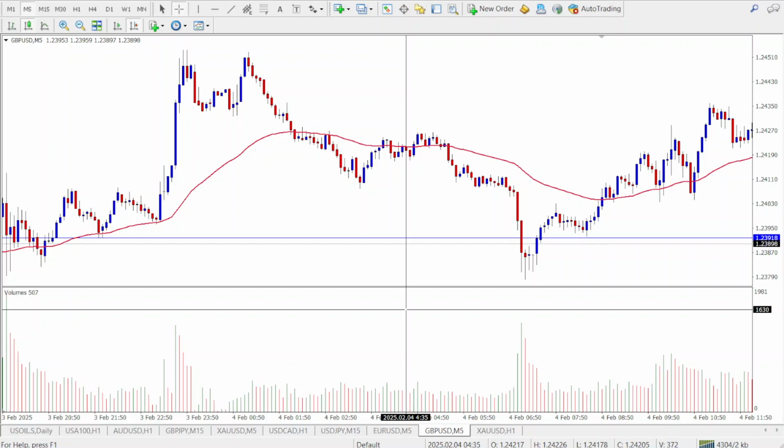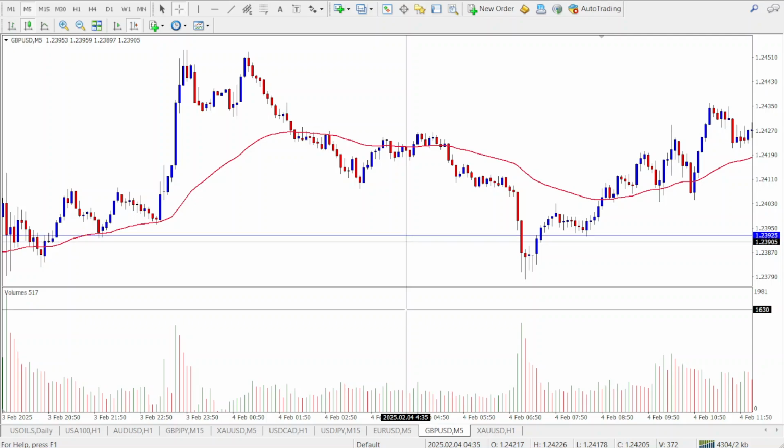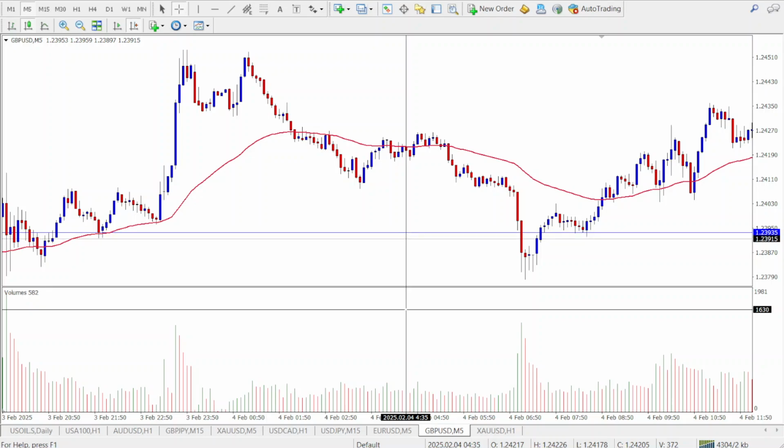Now, let's just quickly talk about risk management. Risk management is necessary irrespective of the strategy that you are using. When you want to enter a trade, ensure that you don't risk more than 1 to 2% of your trading capital in a particular trade, of your account balance. Don't risk more than 2% of your account balance in a single trade, and observe a good risk to reward ratio.